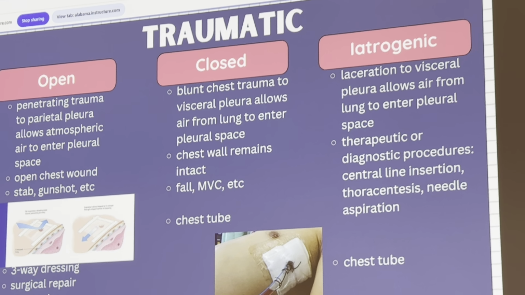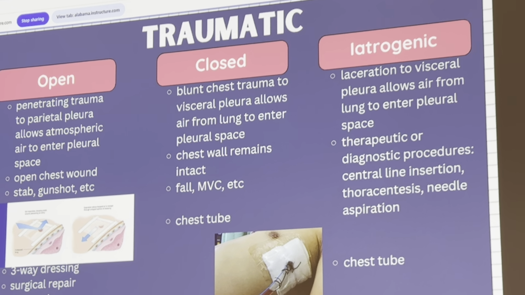Let's talk about a traumatic pneumothorax. So remember, we have to classify these into 3 different types. We have an open, a closed, and an iatrogenic. With your open, some type of penetrating chest wound, some type of trauma.